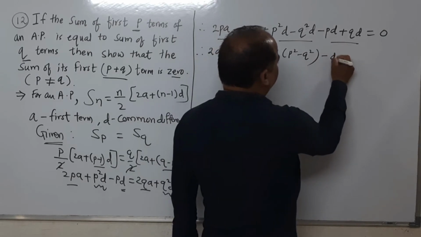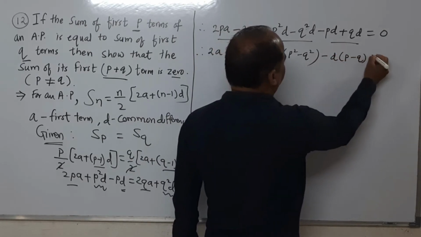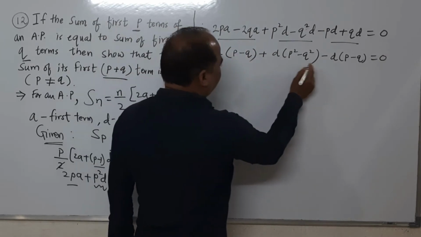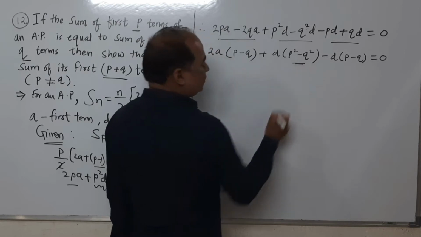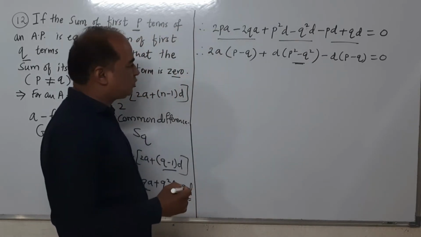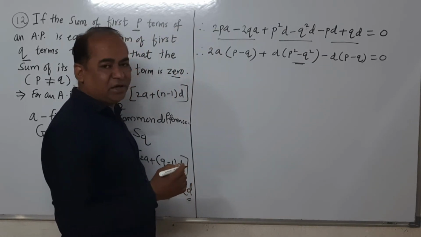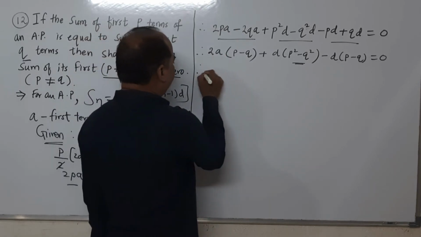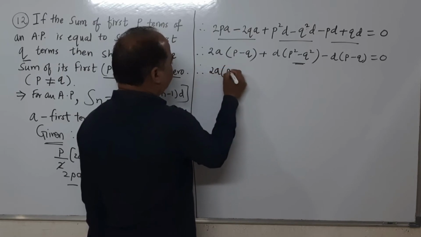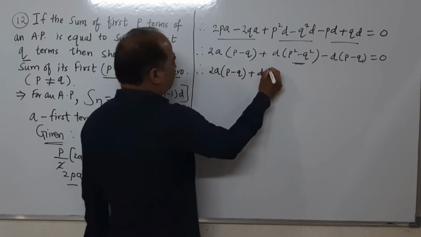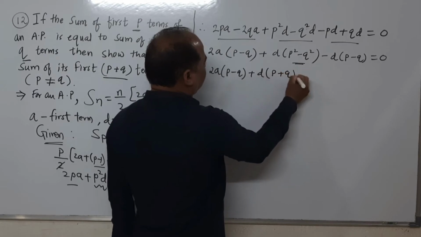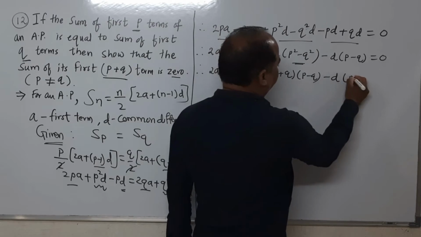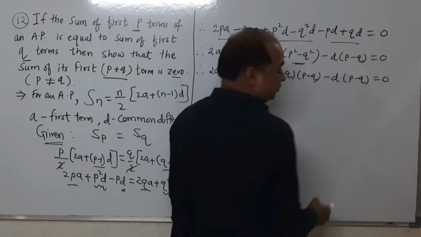Here minus d is common in bracket p minus q, is equal to 0. Now we can apply the identity for p square minus q square. We know the identity a square minus b square is equal to a plus b into a minus b. So 2a into p minus q plus d into p plus q into p minus q minus d into p minus q is equal to 0.